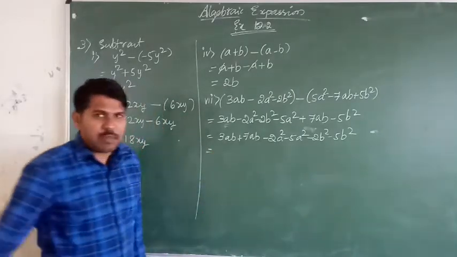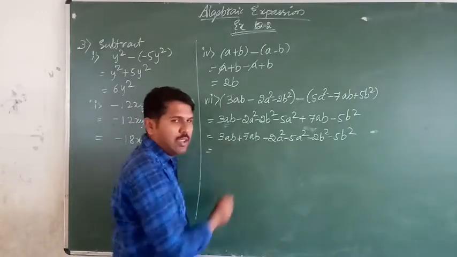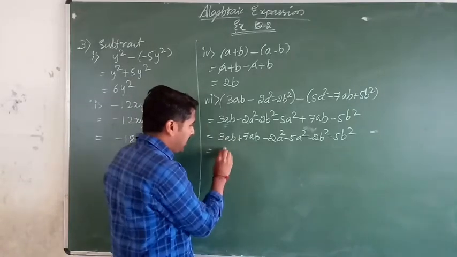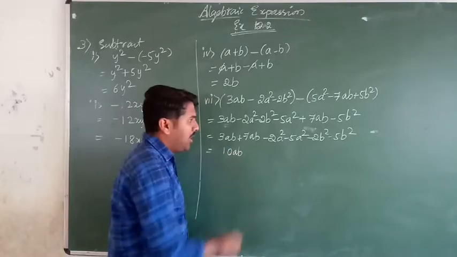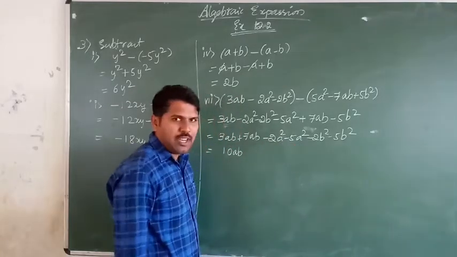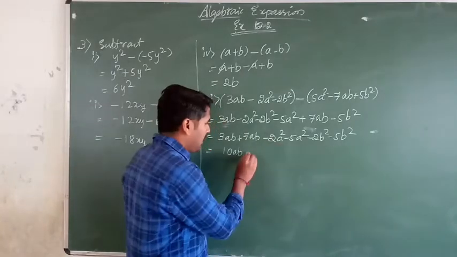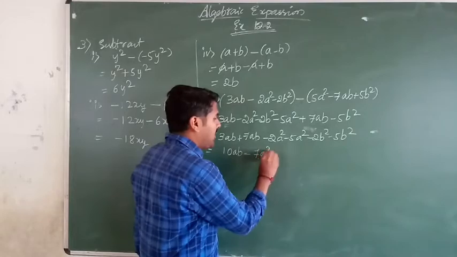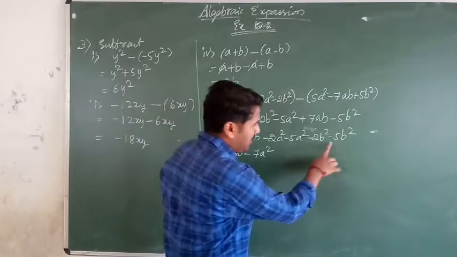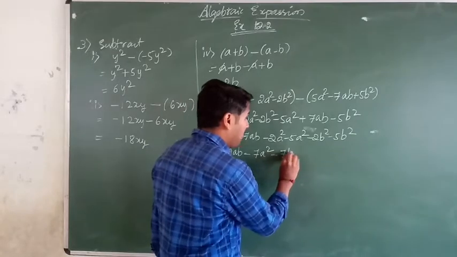So 3 plus 7 is 10ab. Next a square, minus and minus, both have the same sign, so first add 2 plus 5, 7. That is minus 7a square. Next, here also the same sign, 5 plus 2, 7. Minus 7b square.